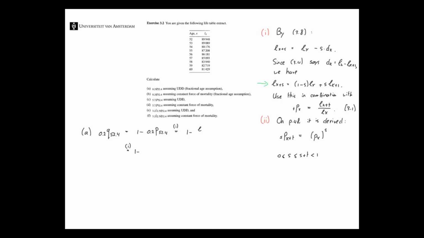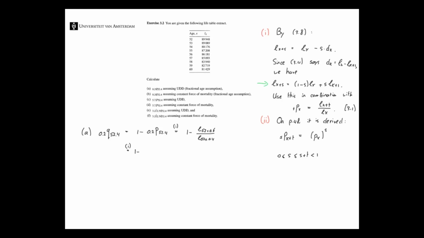And to do that, I'll write it as 52 plus 0.6, and the bottom one will be 52 plus 0.4. And now it will become clear because s is in this case some value between 0 and 1, and x is the integer part. So x is 52 in this case, and s can be 0.6 or 0.4.